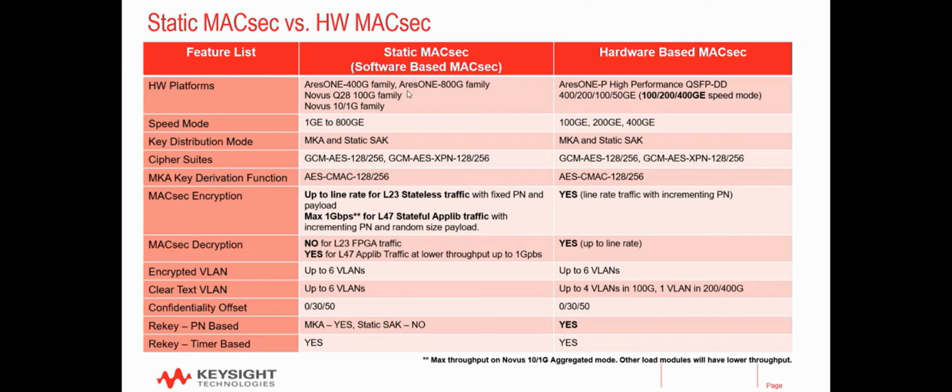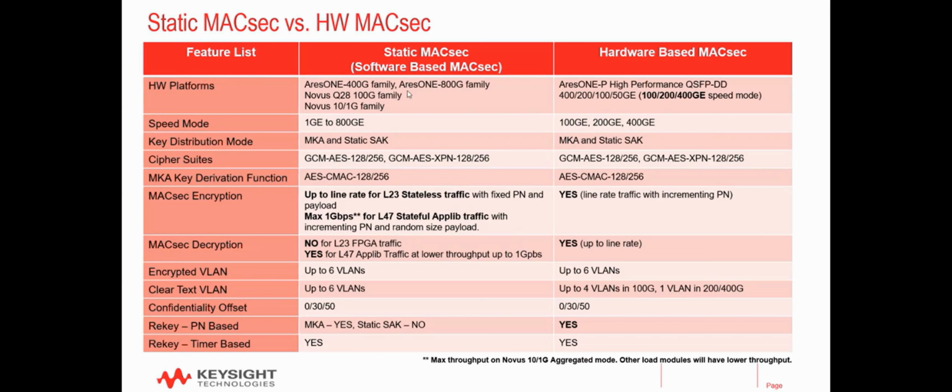The hardware-based MACSec is right now only available in one dedicated hardware. It's only two ports, but there's a lot of power in the hardware to do the encryption decryption at line rate. And you can see here the difference between the two.